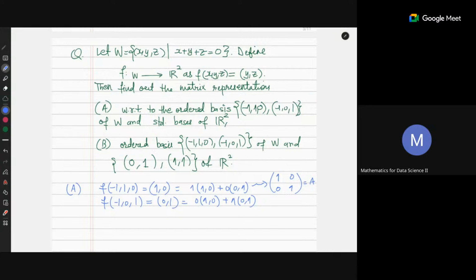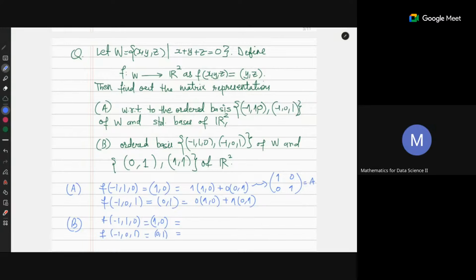Good. What about the second case, part B? Then f of (-1, 1, 0) is equal to (1, 0). The images are the same, but we have a change of basis at the codomain level.